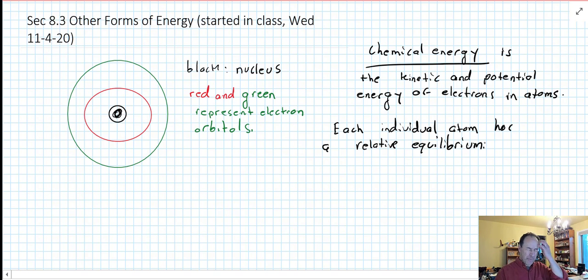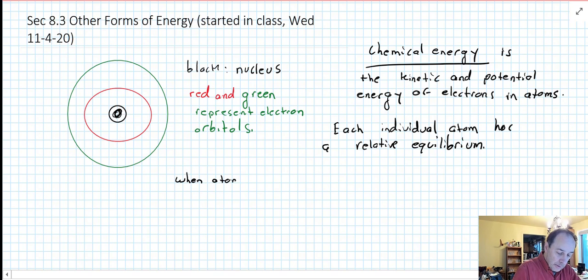It doesn't have any better offers when it's by itself, so it's pretty okay as long as it's a stable atom, which most of them are. But when atoms are brought together, often, not always, but often, they can rearrange themselves into an even lower energy configuration, or more stable configuration.